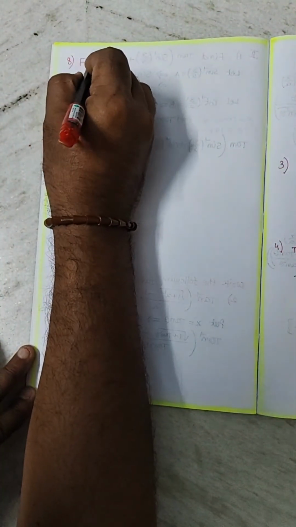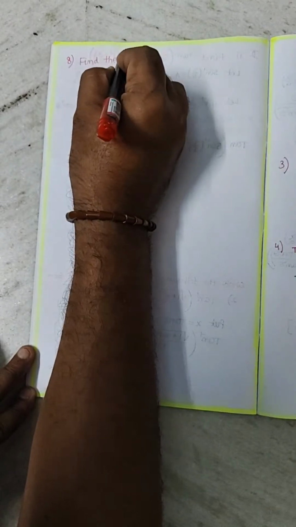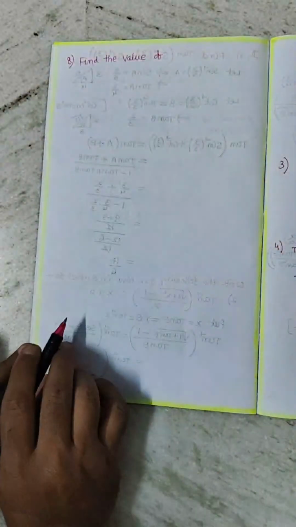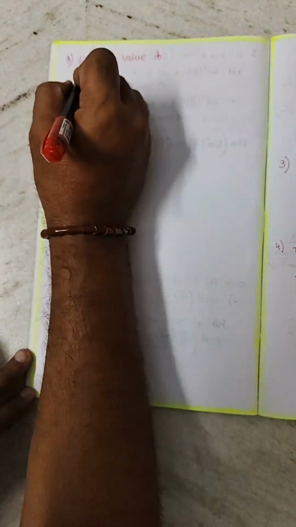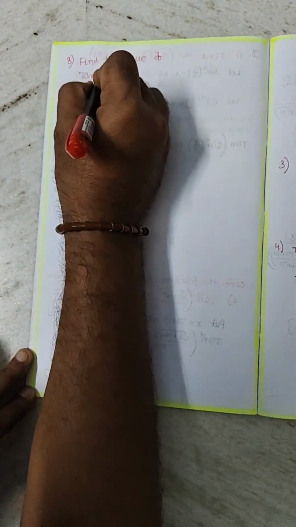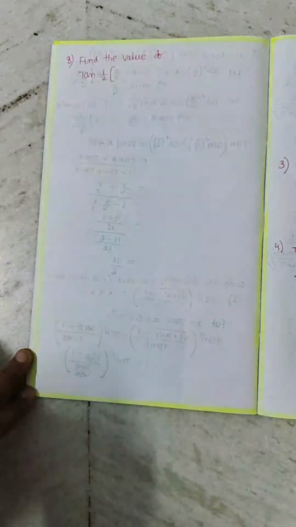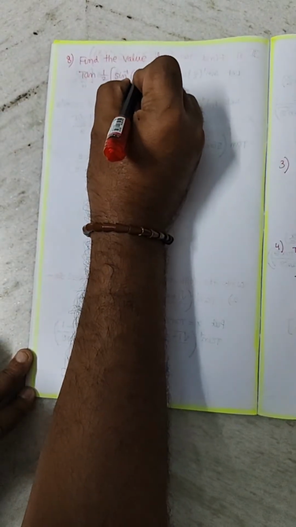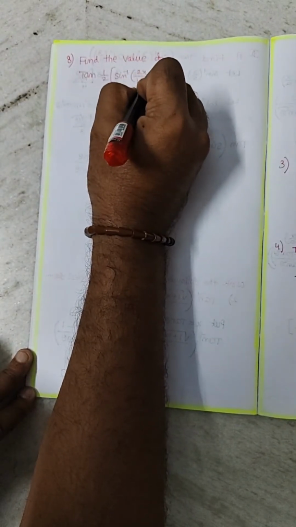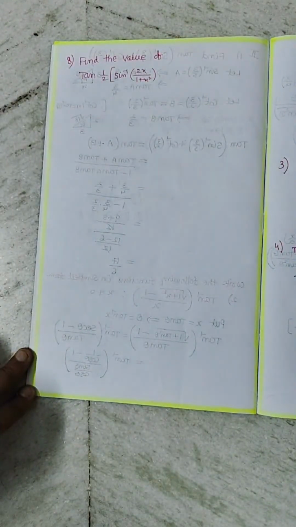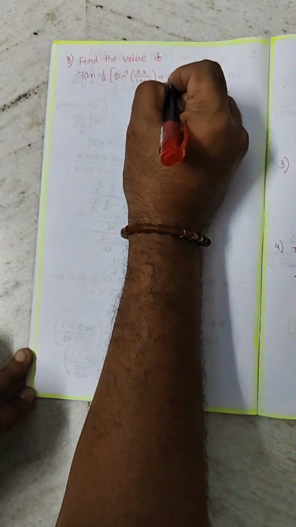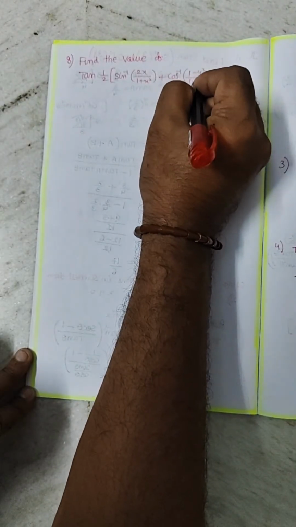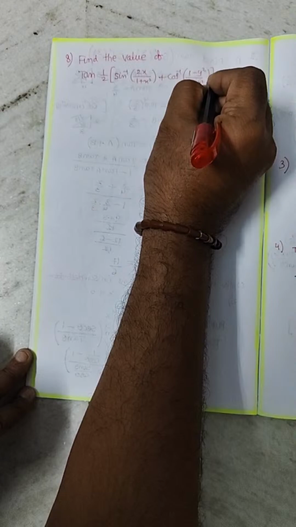Find the value of tan of 1 by 2 of sine inverse of 2x by 1 plus x square plus cos inverse of 1 minus y square by 1 plus y square.